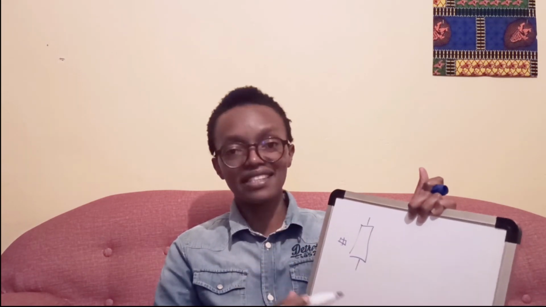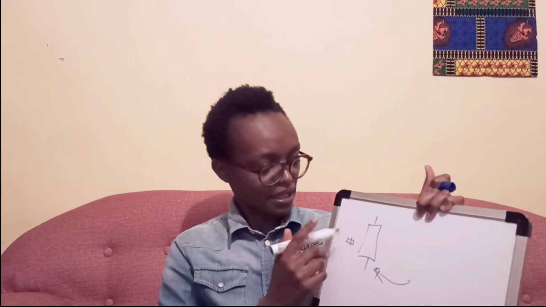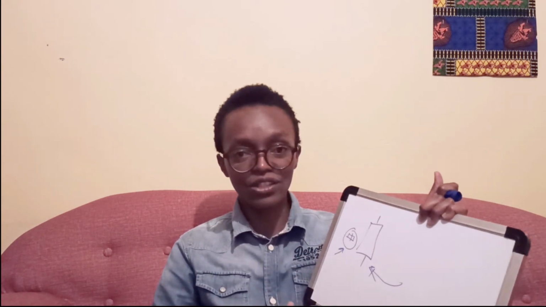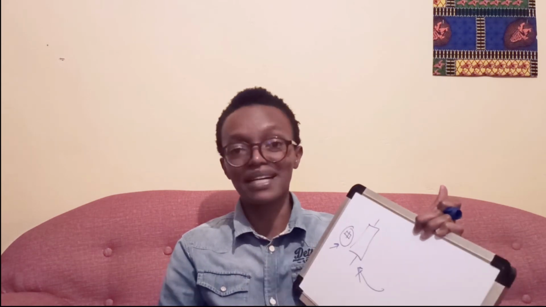What this means is that there is increased or high bullish pressure compared to this low pressure here from the sellers, and it could actually be an indication of a possible change in price direction. But don't worry about this, I'm going to make more videos on how you can predict price direction.